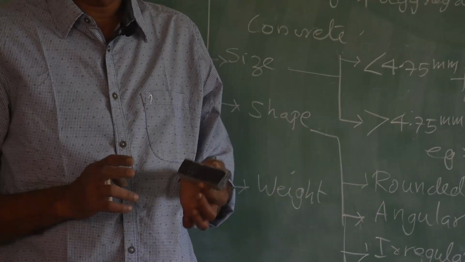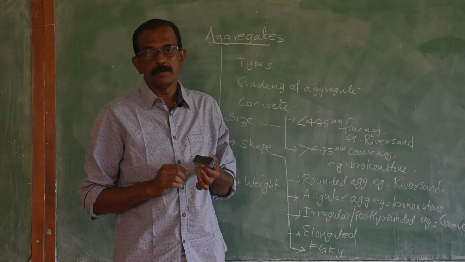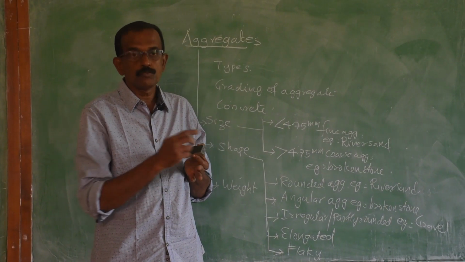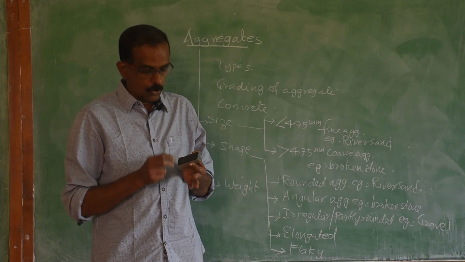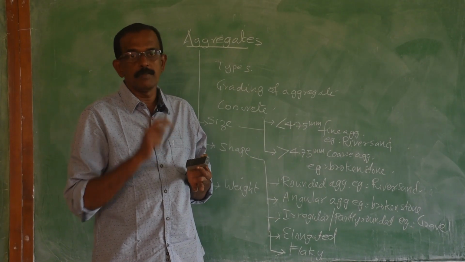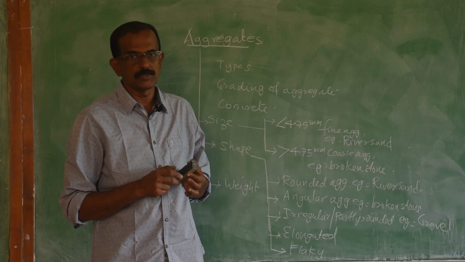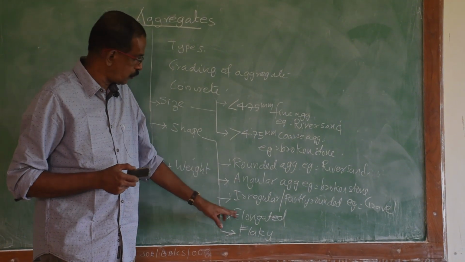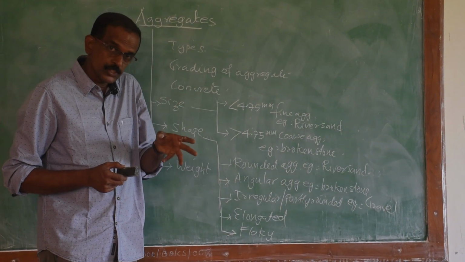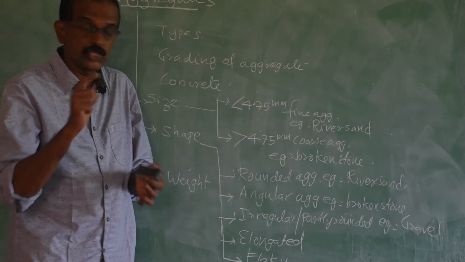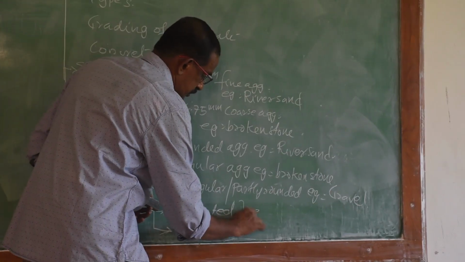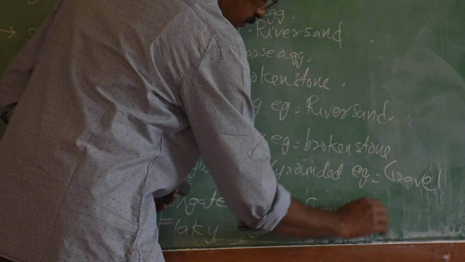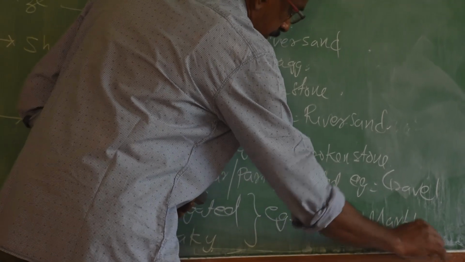So here granite or marble we can cut according to our requirement, either with length more or thickness less. Both granite as well as marble are used for laminating purposes. So an example for elongated and flaky is laminated rocks. If you are so specific, you can write the example as granite and marble for both shapes.